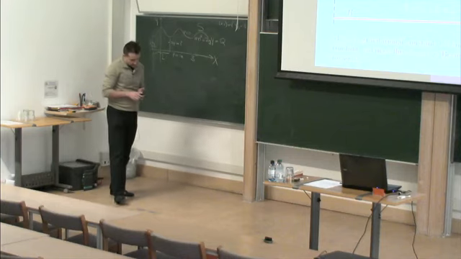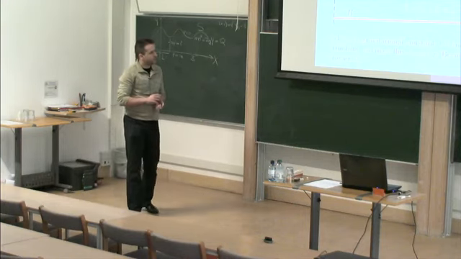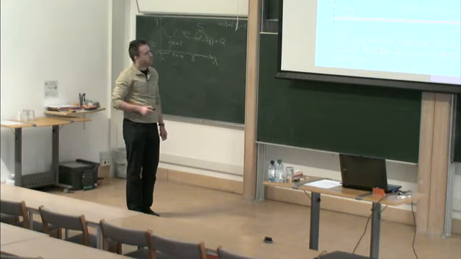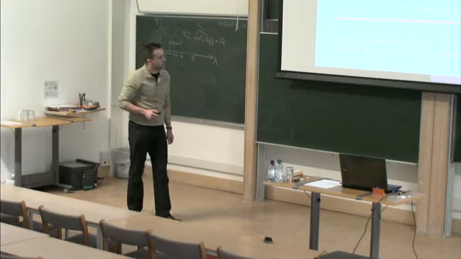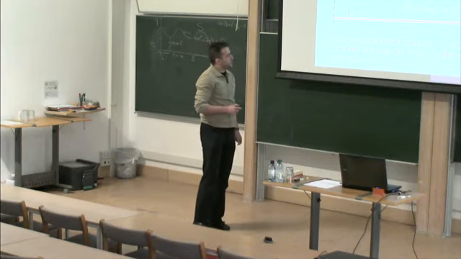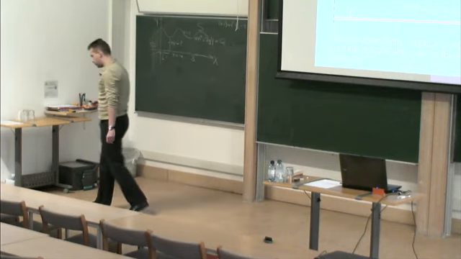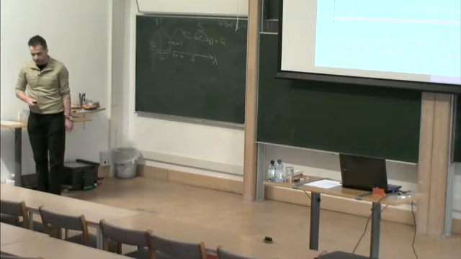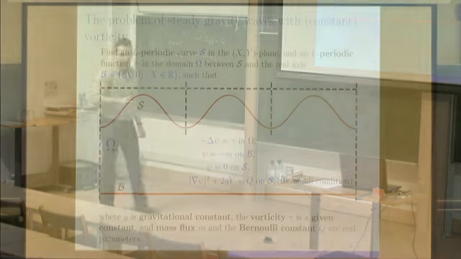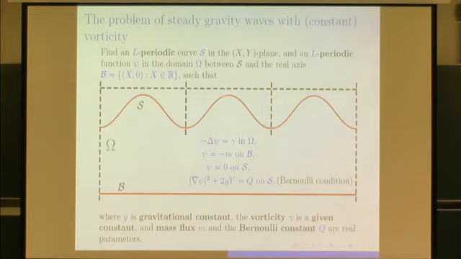The only force acting on the fluid is gravity, which leads to this term in the equation, and this nonlinear boundary condition, called the Bernoulli condition. It comes from the requirement that the pressure at the surface of the fluid has to be in equilibrium with the constant atmospheric pressure in the air above.